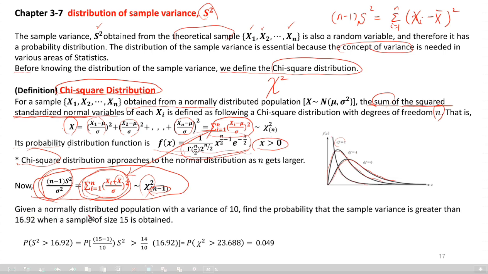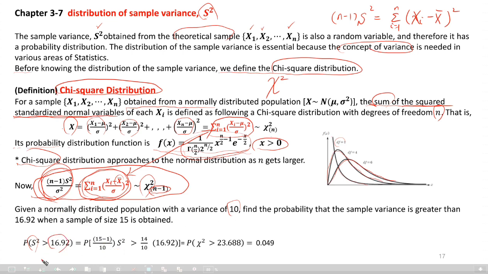Given a normally distributed population with variance 10, find the probability that the sample variance is greater than 16.92 when a sample of size 15 is obtained. To find the probability that S squared is greater than 16.92, we change the S squared term to this form: (15 minus 1) over variance 10 times S squared.